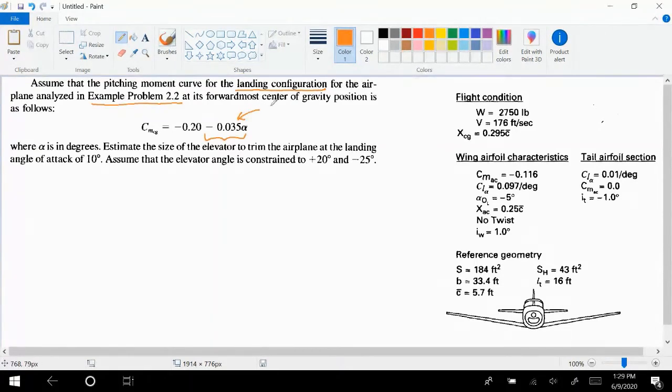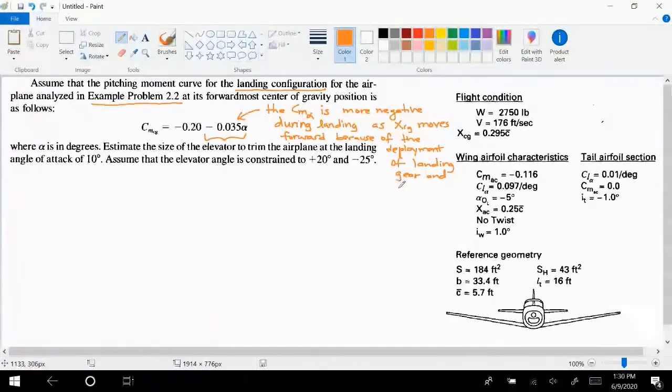The note is that the CM alpha is more negative during landing as XCG moves forward because of the deployment of landing gear and flaps, right?